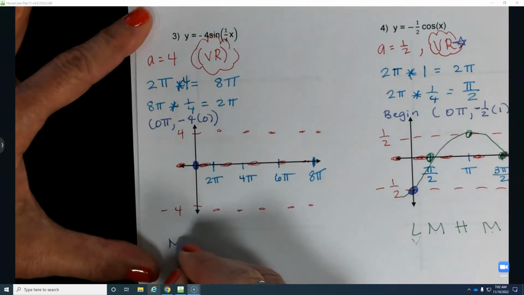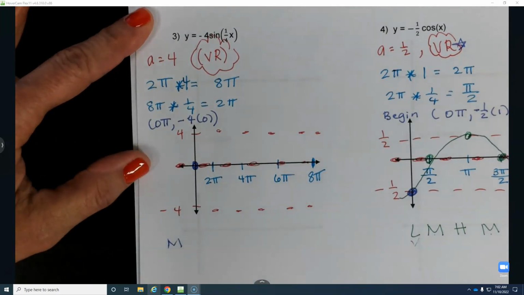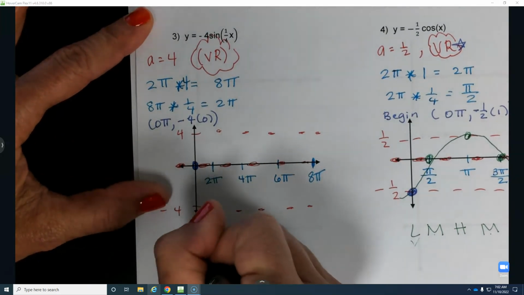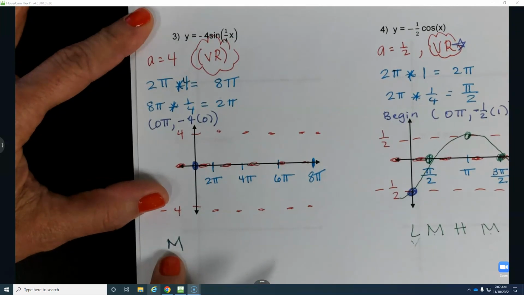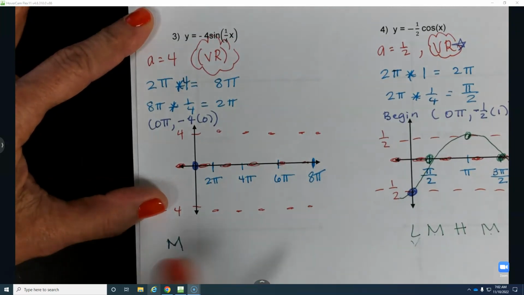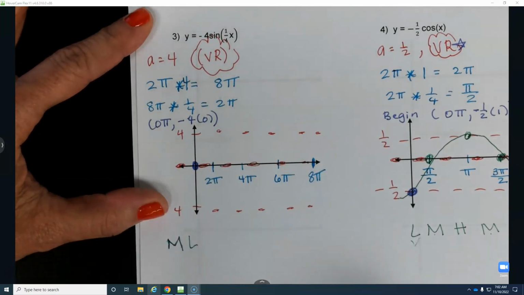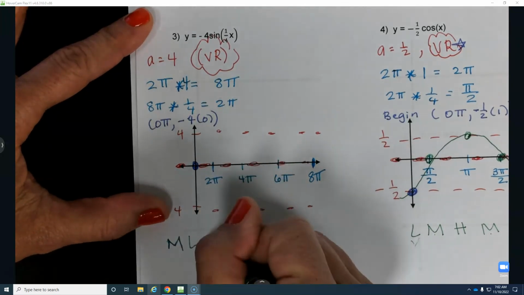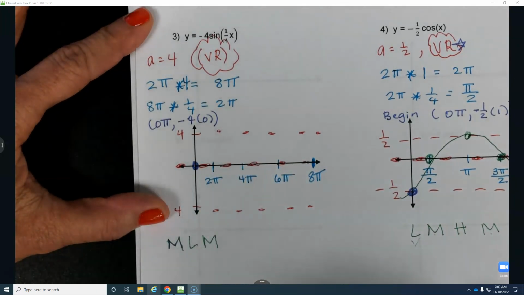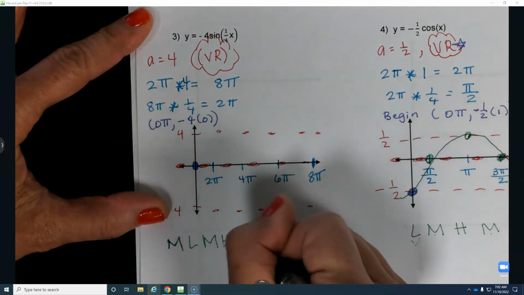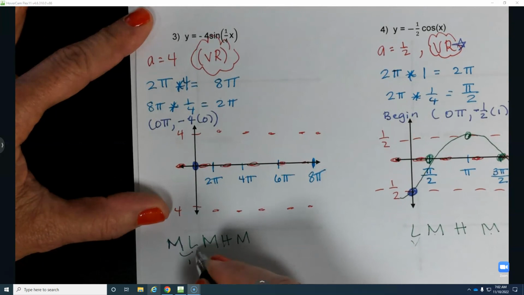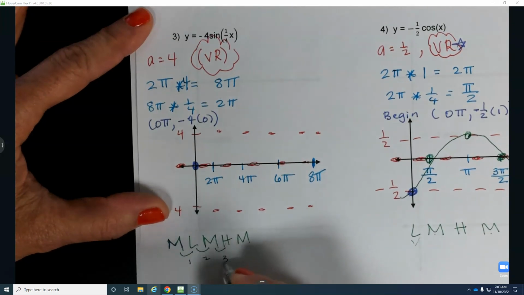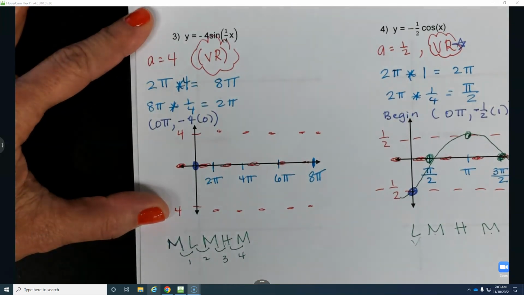So if it starts on my mid value, I'm going to switch to green because I like to be consistent. If it starts at the mid value and it's a reflection, it's going to go down low first. After it goes down low, then it's going to go back to the mid, go to your high, and then drop back to your mid. And let's see, that's going to be increment 1, increment 2, increment 3, increment 4. That's perfect. That's all we need.